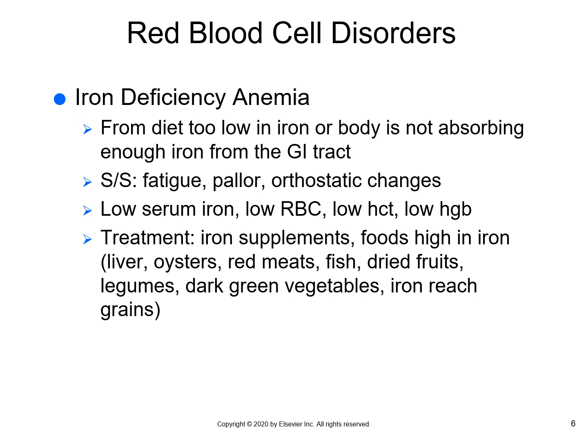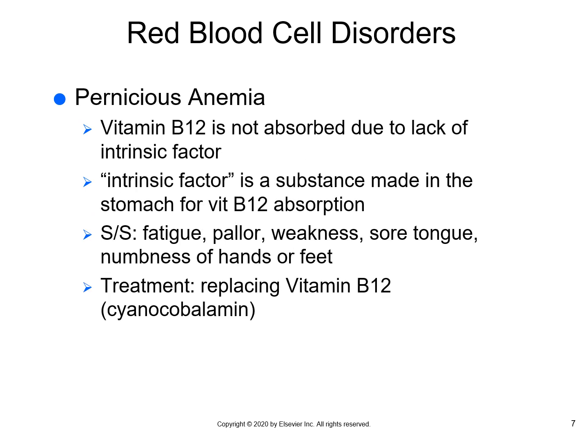We can give those iron tablets or liquid to the patient, or we can educate the patient to eat foods high in iron, like liver, oysters, red meats, fish, dried foods, legumes, dark green vegetables, and iron-rich grains.